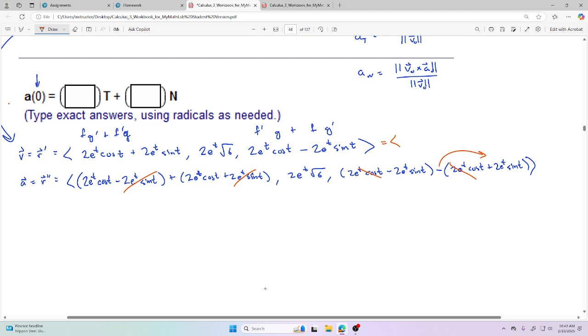When I plug in a 0, and let me just have this up as kind of like a formula up here. So cosine of 0 is a 1, and sine of 0 is 0. So anything with a sine in it, gone. And anything with a cosine just keeps its business, right? So cosine is going to keep it.